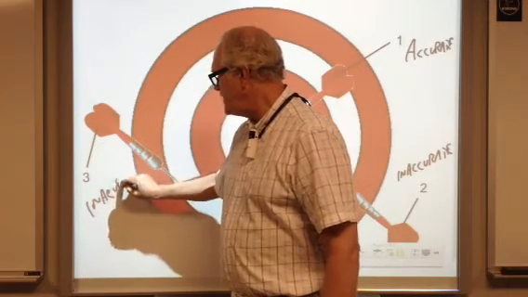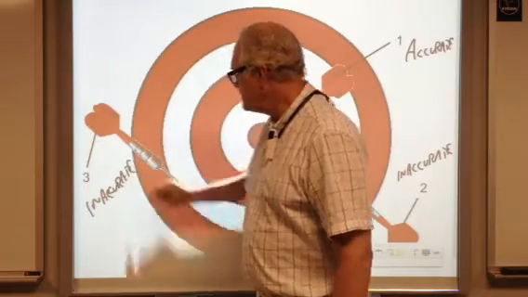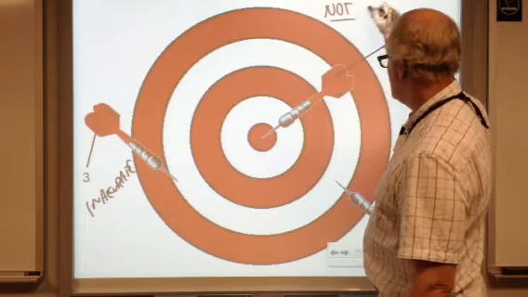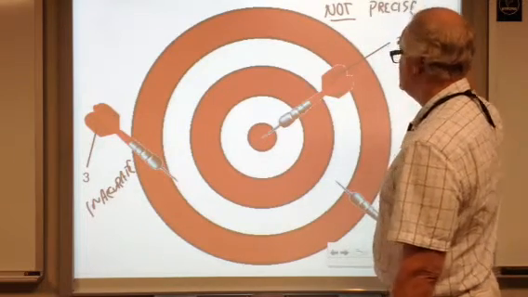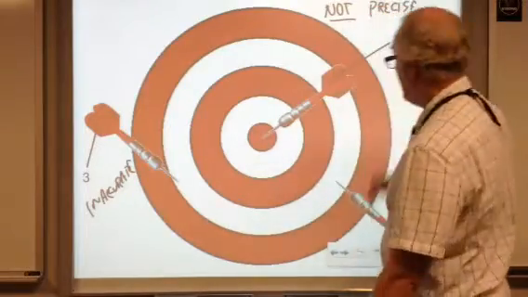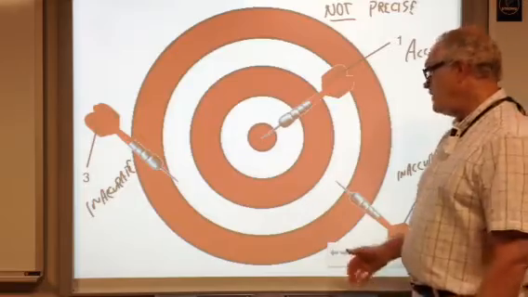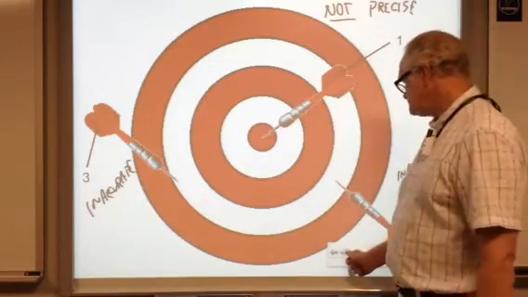And what do we say about them as a group? As a group, they are not precise, or they're imprecise because they didn't land all together. So we see different levels of accuracy for the individual throws, but for the group, we have one level of precision, which is not a very good level of precision.